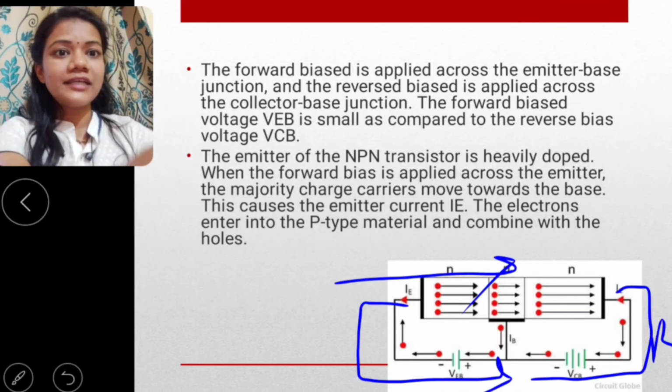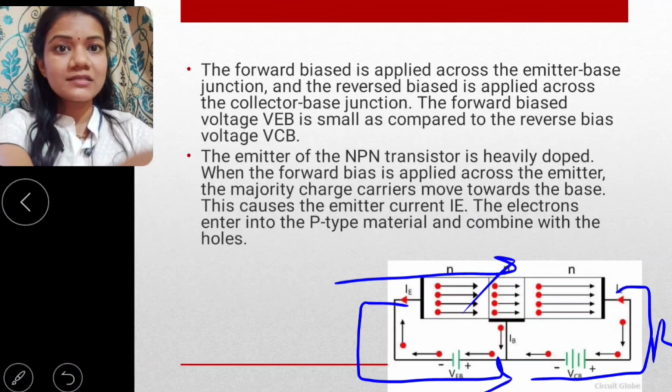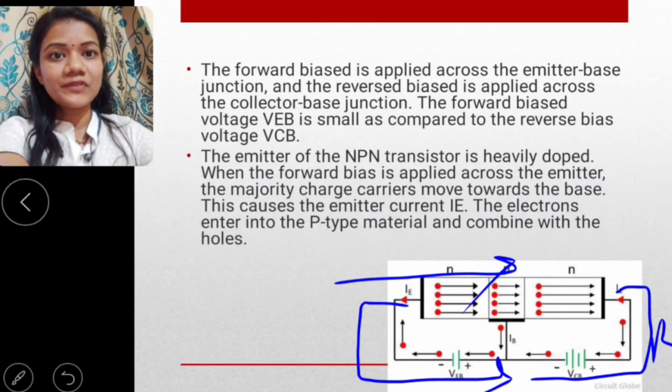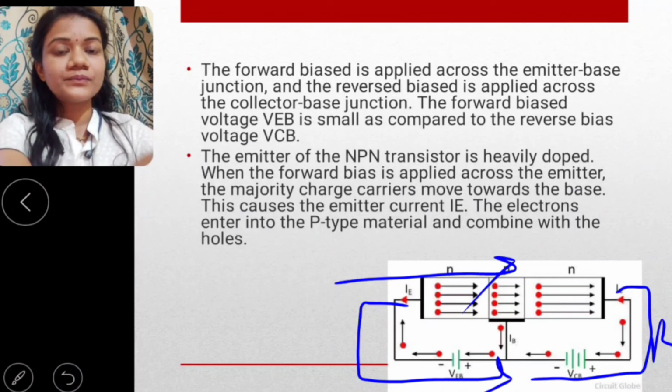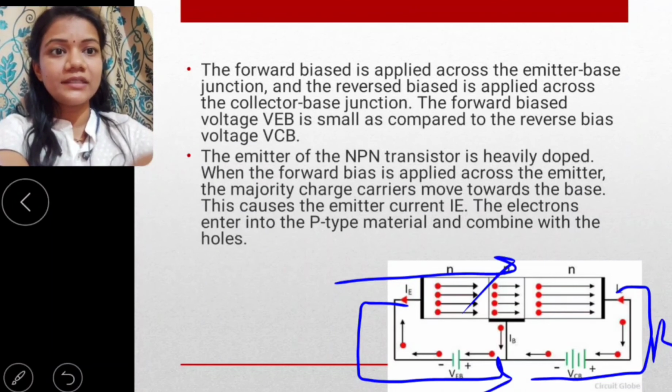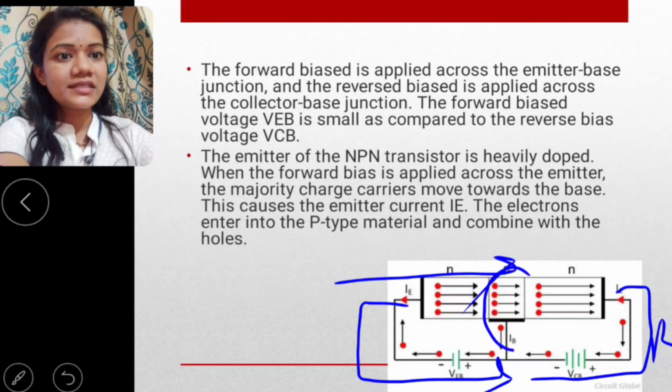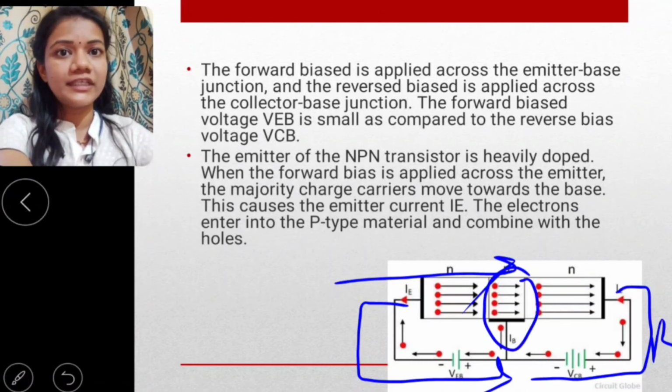The electrons enter into p-type material and combine with holes. As we know, in NPN transistor, the N terminal is having electrons, that is our majority charge carriers, and the P terminal is having holes. So when current flows, electrons in n-type material and holes in p-type material are combined.